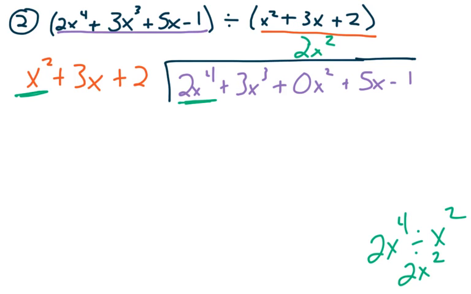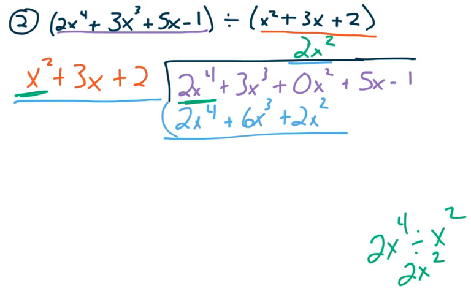So 2x squared. Now I'm going to take 2x squared and multiply it by everything on the outside. So 2x squared times x squared gives me 2x to the fourth. 2x squared times 3x is 6x cubed. And 2x squared times 2 is 2x squared.